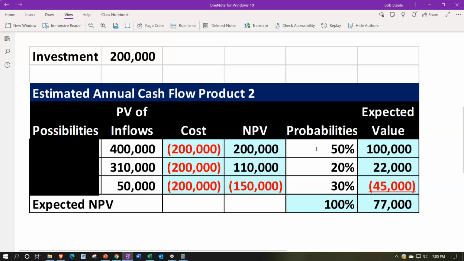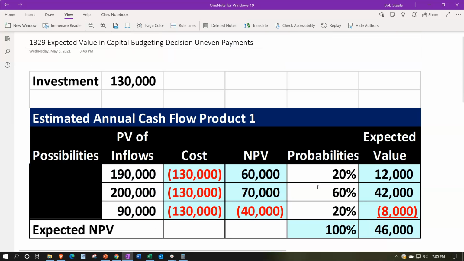Also, another way that we'll take a look at in a future presentation to apply this type of probability scenario to a capital budgeting situation would simply be to then have each year of the capital budgeting. So let's say we have one investment project that has 5 years, and we don't know what the actual inflows will be per year.